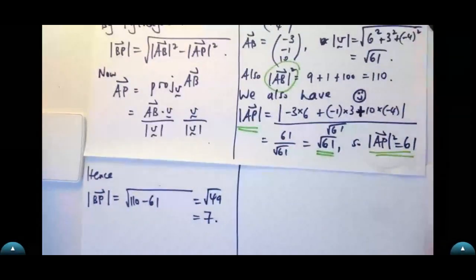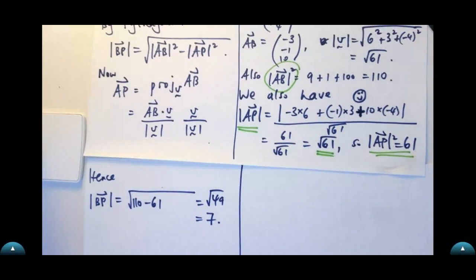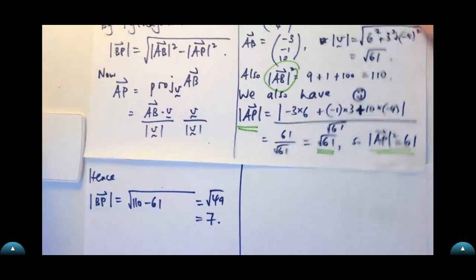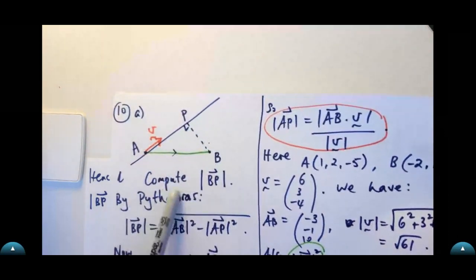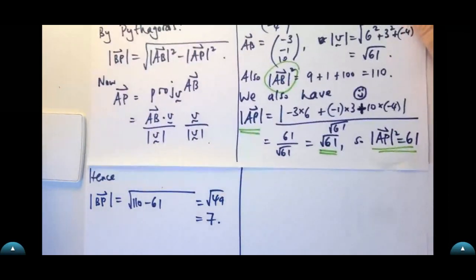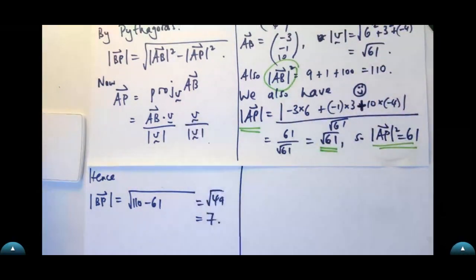All right, Fad, can you tell me a little bit more about your question there? Can we use the projection formula first and then use the distance formula? Yeah, you can. Ultimately you're applying Pythagoras. That's what you want to do. So you can compute all of these things first, and then use Pythagoras.